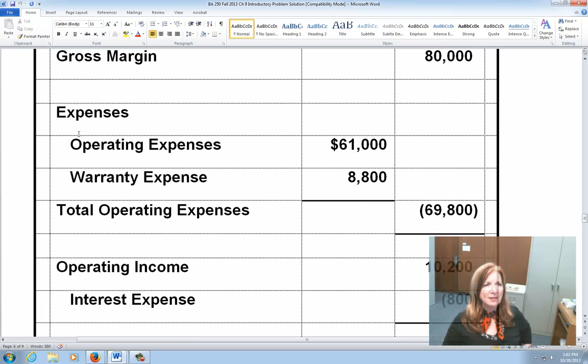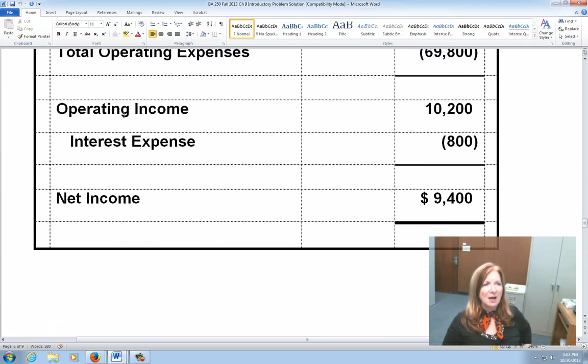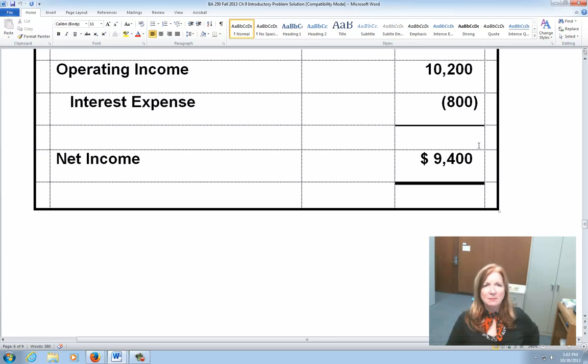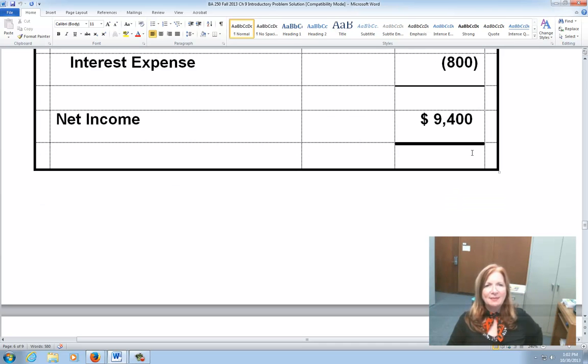And now here are the expenses, the operating expenses and the warranties to get the total expenses, the operating income, the interest expense, which is a non-operating item, because management chooses to do that. They don't have to borrow the money. They could use their own money. And then you get net income.